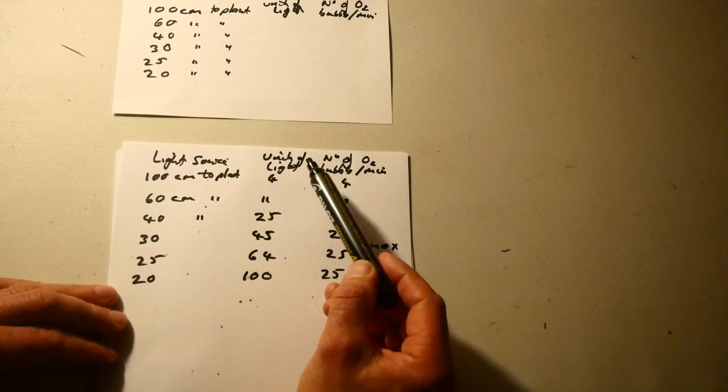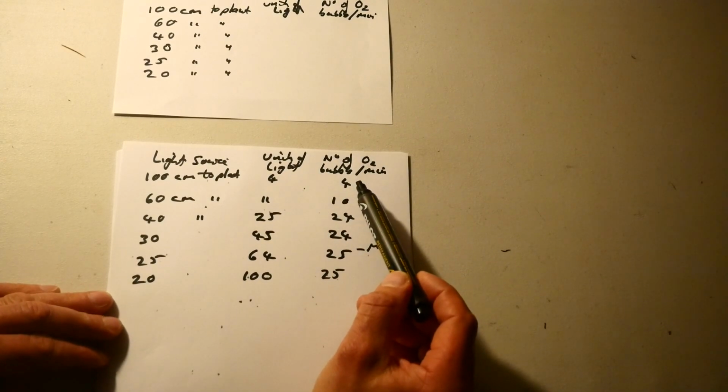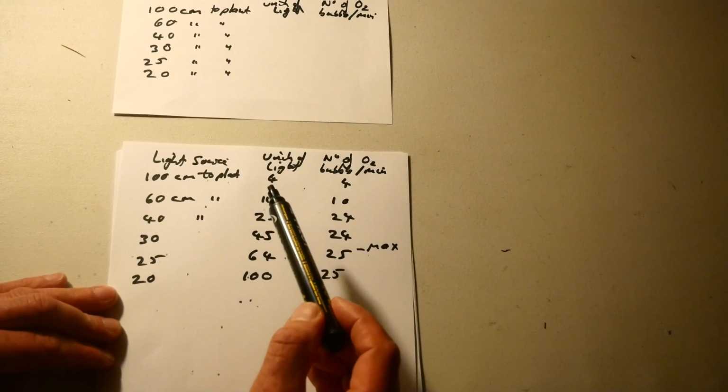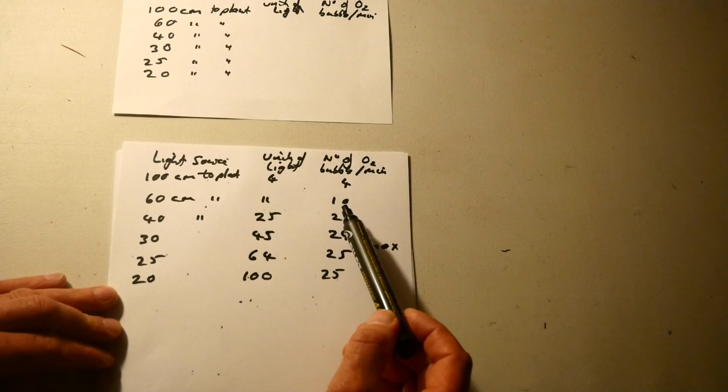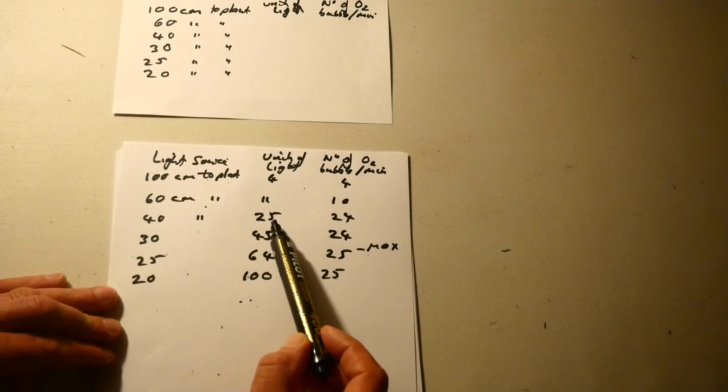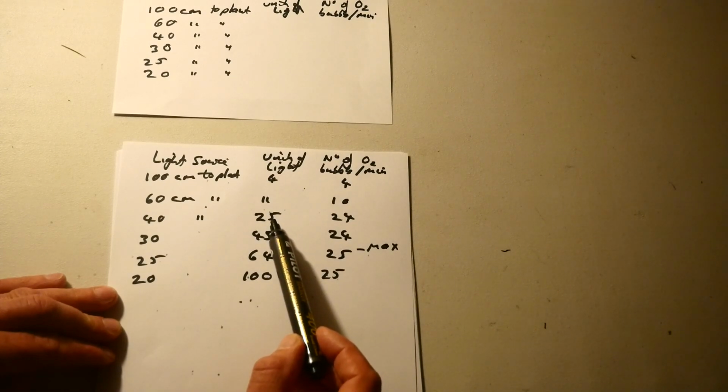You can work out from a formula, and you get 4 oxygen bubbles per minute. When the light source is 60 centimeters away from the plant, there's 11 units of light, and you get 10 oxygen bubbles per minute. When it's 40 centimeters from the plant, 25 units of light are recorded, and you get 24 bubbles per minute.